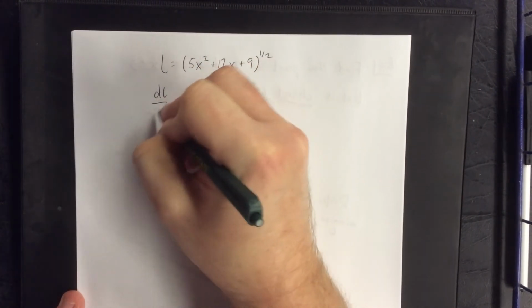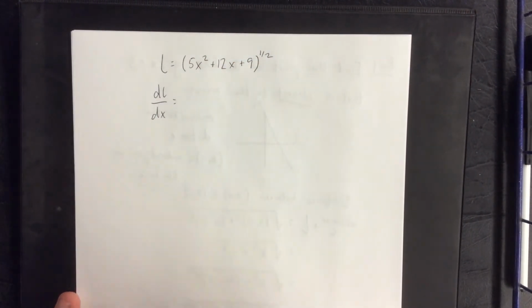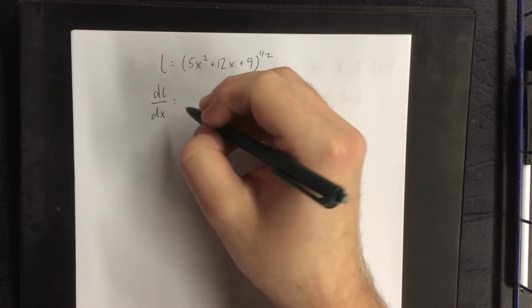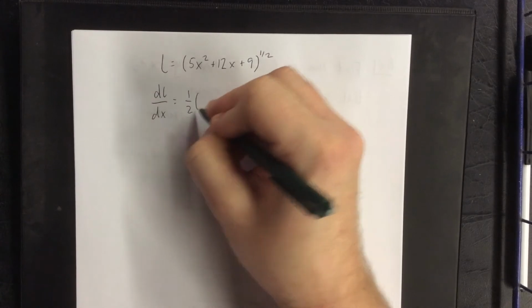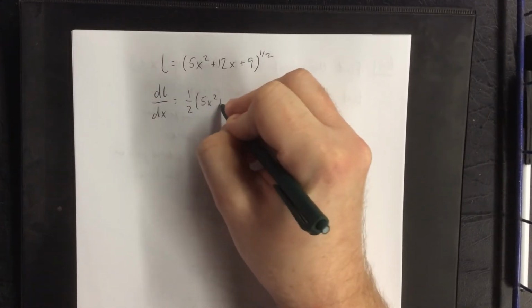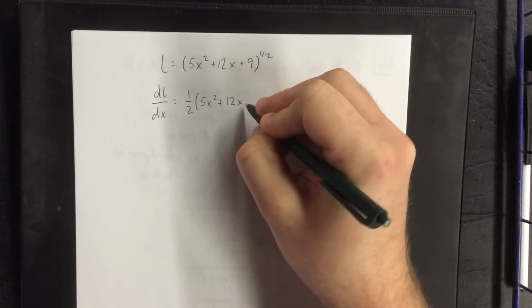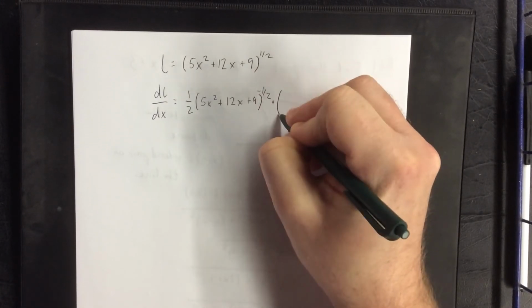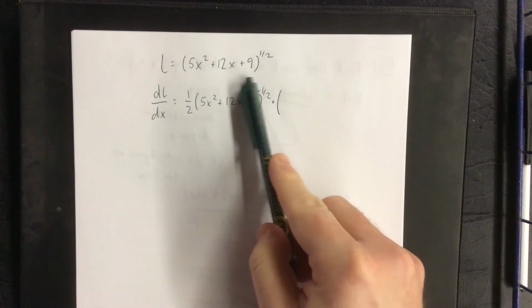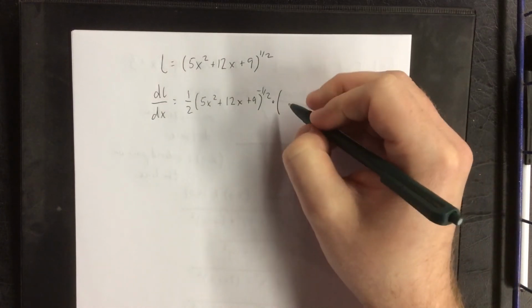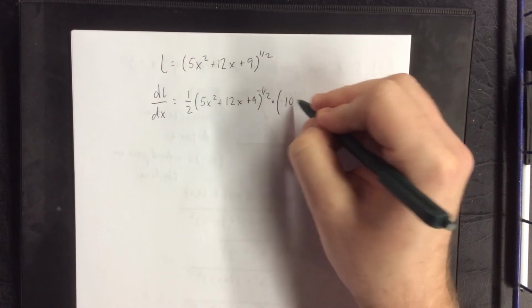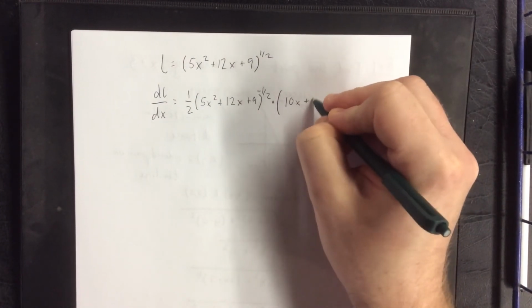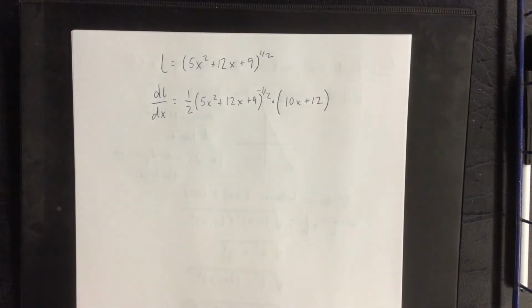We are now ready to take a derivative. That derivative, dL over dx, will be equal to 1/2 times, applying the power rule, (5x squared plus 12x plus 9) raised to the negative 1/2 power. Then the chain rule says also multiply by the derivative of the thing that was being raised to the 1/2 power. That'll be 10x plus 12.